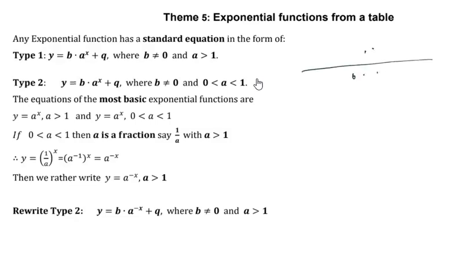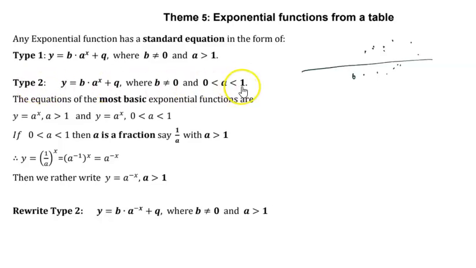It will be something like this, and we can't have a continuous line through that. So in all of the cases, a is strictly positive, not even 0, because if it's 0 then we just have a constant function. So a is strictly positive, greater than 0, and in this case a is greater than 1.